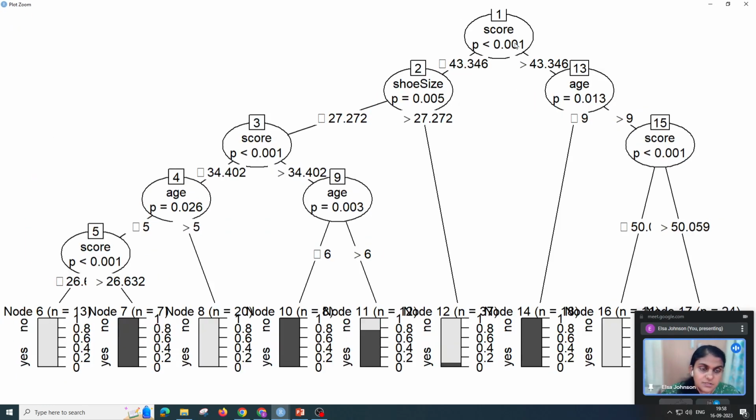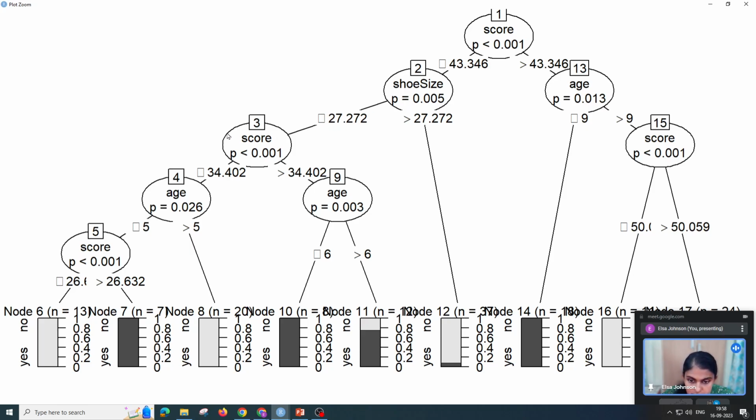In the first node we are seeing a p-value less than 0.001, and the split is on score: 43.346 or less, or greater than 43.346. So first you differentiate with respect to the score, and then in the next step you look at the shoe size.